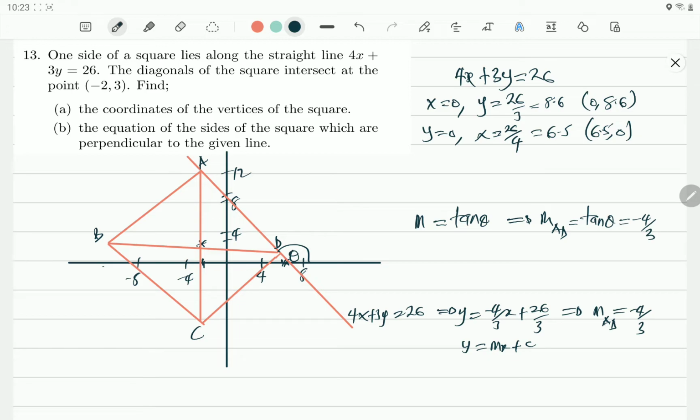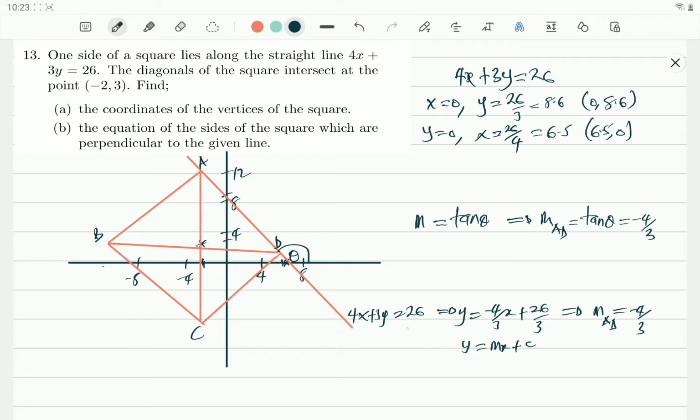We actually need this information because so far we only have the equation of the line given in the question, and we also have a point on the line AC and the line BD, and we are to find the vertices of the square. One of the ways to do that is to solve two lines simultaneously.